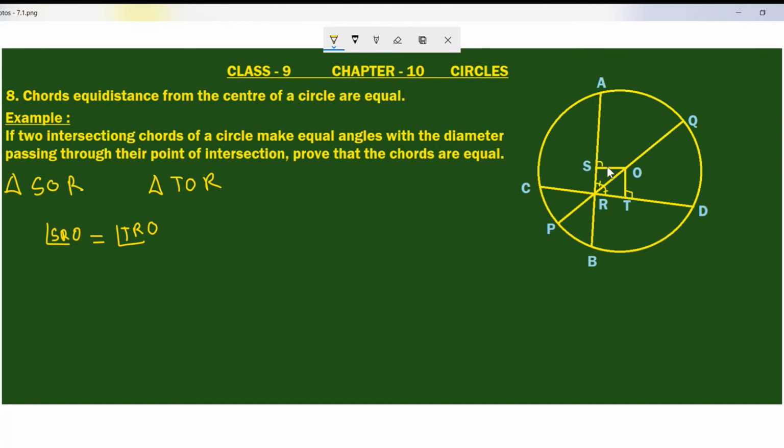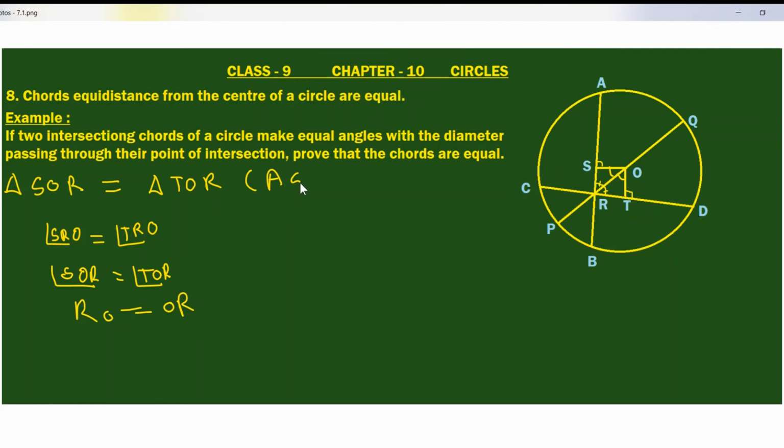And then we have proved just now these two angles are equal. So angle SOR is equivalent to angle TOR, and this line is common for both the triangles. So RO is equivalent to OR. So according to the angle side angle congruency rule, we can prove these two are equal to each other by the ASA rule.